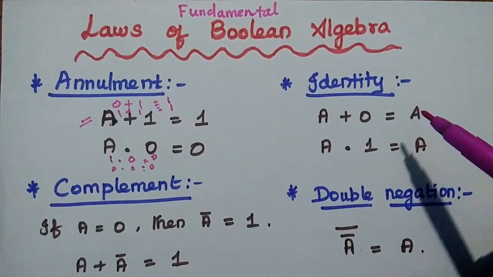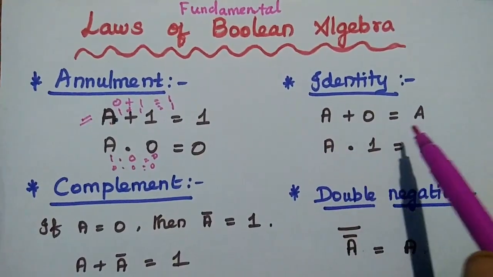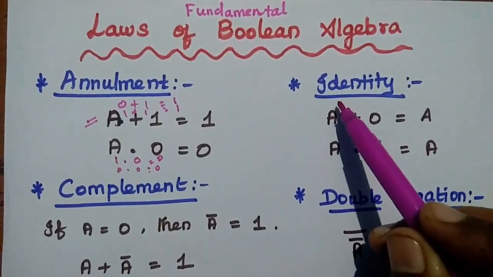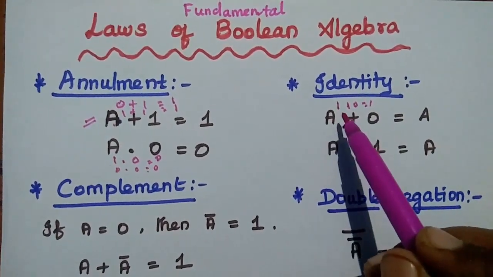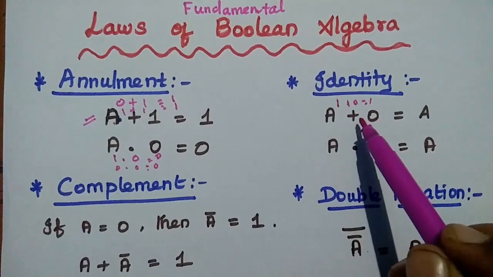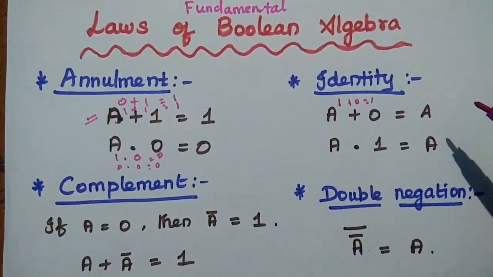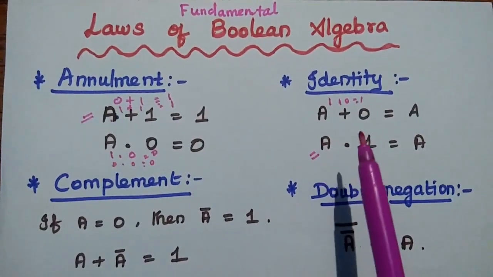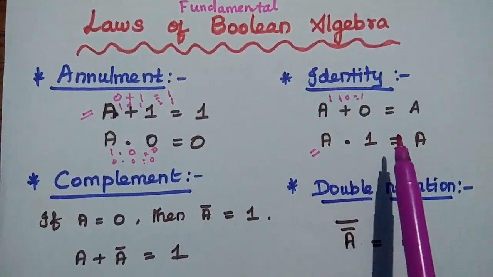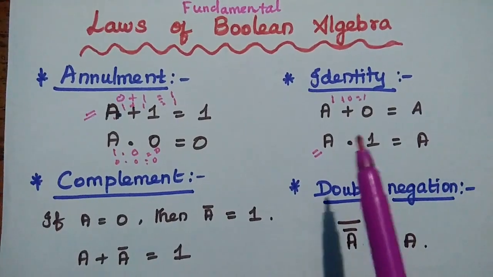Here identity. A plus 0 is equal to A. If A is equal to 1, 1 plus 0 is equal to 1. A is equal to 0, 0 plus 0 is equal to 0. So any value added with 0 is equal to the same value.